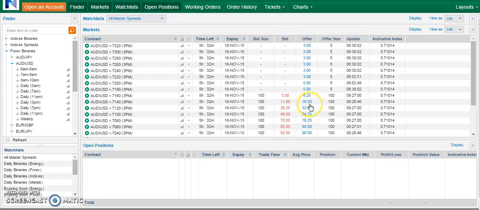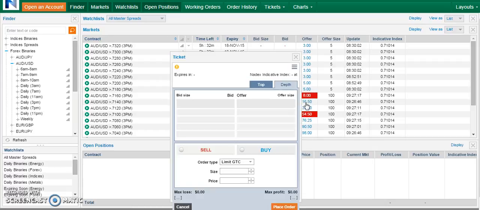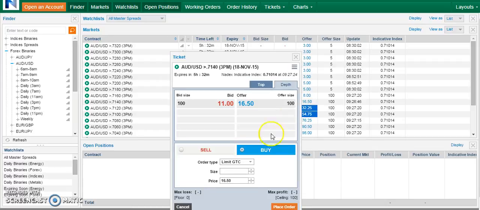And it would be the same way if we bought. Let's say we bought this trade here for $16.50. We're purchasing this contract now for $16.50. You'll see down at the bottom, it shows that. And we'll go 4 contracts at 16.25.